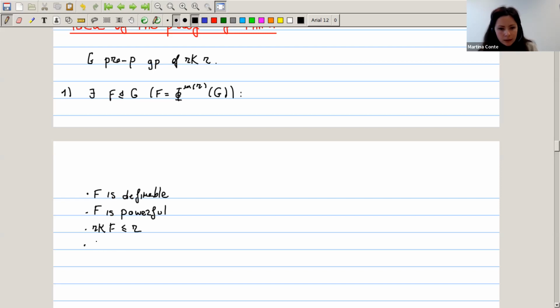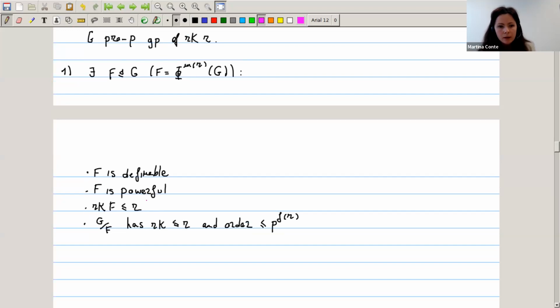And if we consider the quotient G over F, this is a finite quotient with rank bounded by R and order bounded by P to a function of R. So now we can see that we are able to express all of these properties by first order sentences, because we can express powerful by a sentence alpha just by looking at the definition of powerful subgroup.